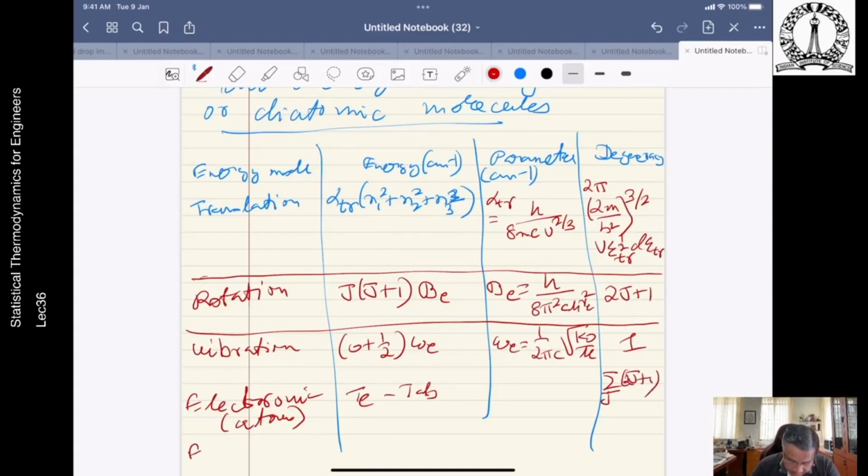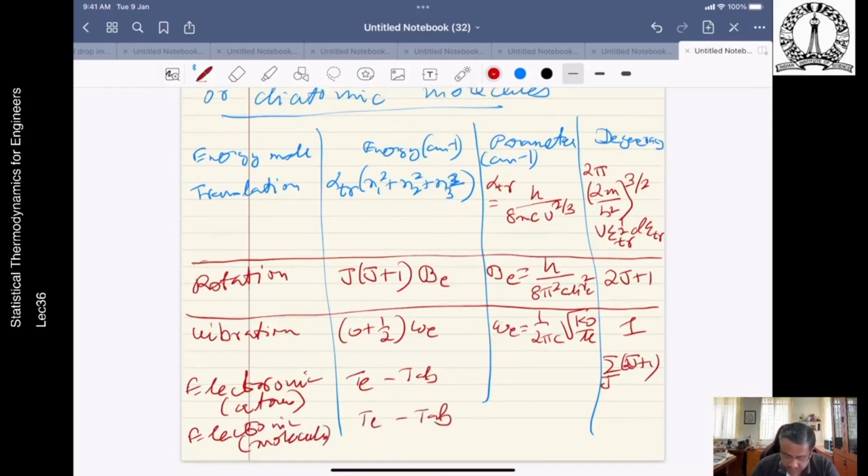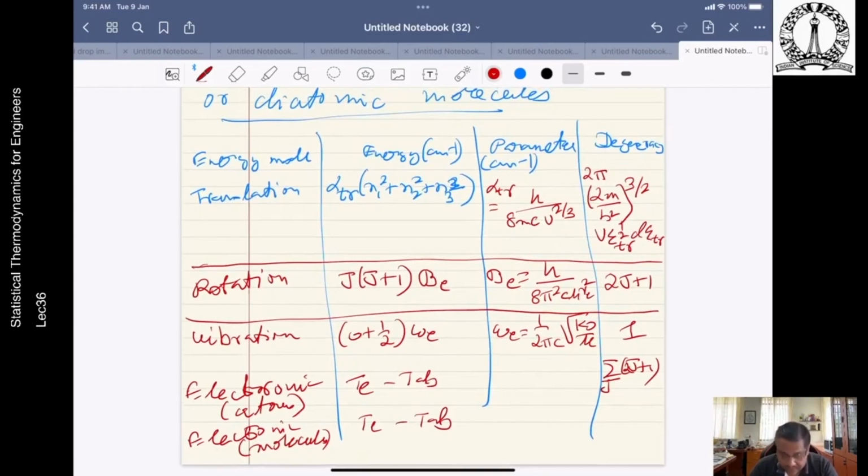And for molecules, again, T is tabulated. This is the parameter phi, and the degeneracy is 2s plus 1.